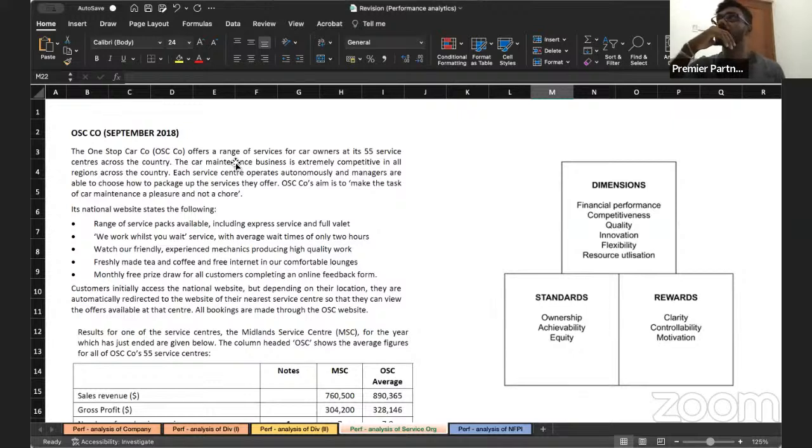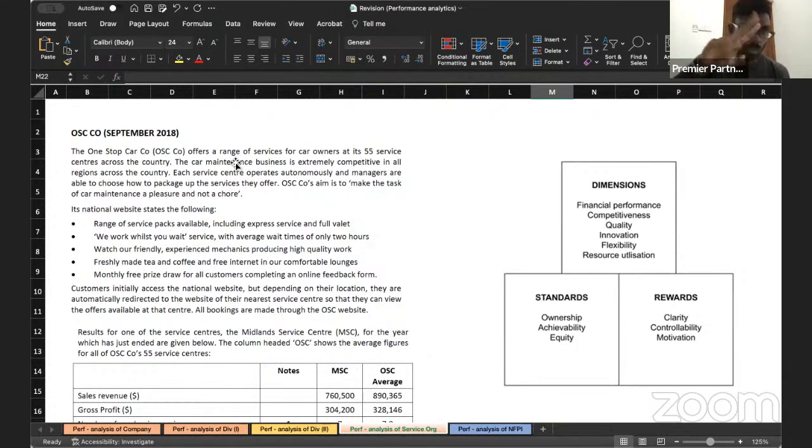The building block model, like I said before, is used in service-based industries, by service providers. It helps service providing companies understand their performance.